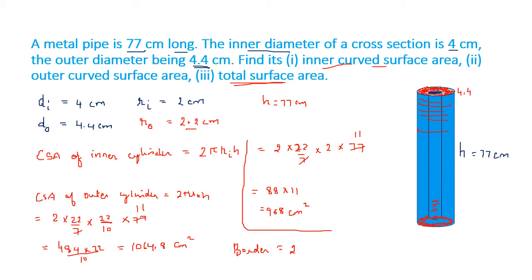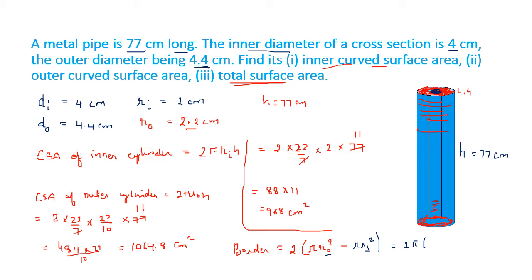How will I find the border? I'll find the area of the circle with the outer diameter, that is pi R_O square, minus the area of the circle with the inner diameter, minus pi R_I square. That is 2 pi, R_O square minus R_I square.